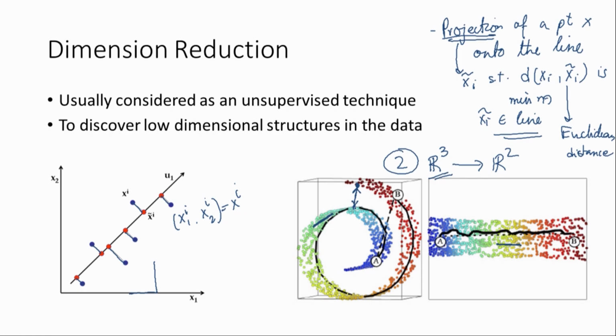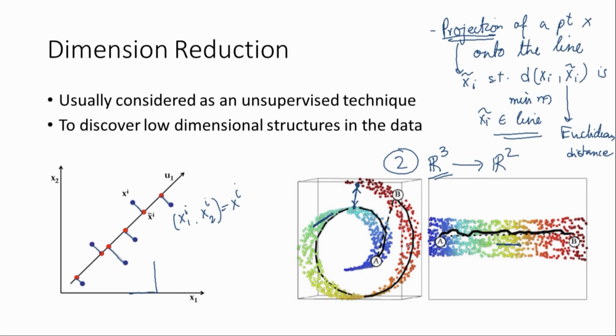But if I consider the underlying structure of the data, and I'm moving only along this surface, then they're not very close. So these 2 points, let me call them C and D, will be pretty far off.